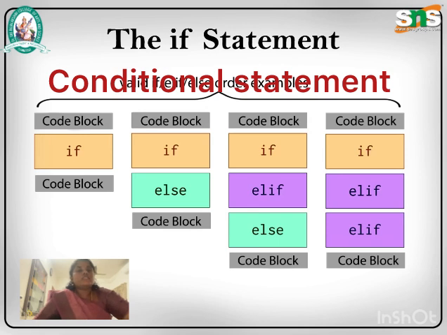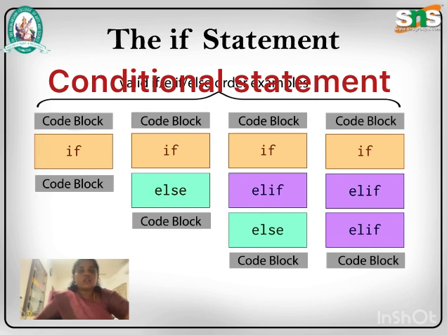First, let us discuss the syntax for the if statement. We first give if as a keyword, then we specify the condition, and later it contains the statements to be executed if the condition is true. So this is the syntax for the if statement.